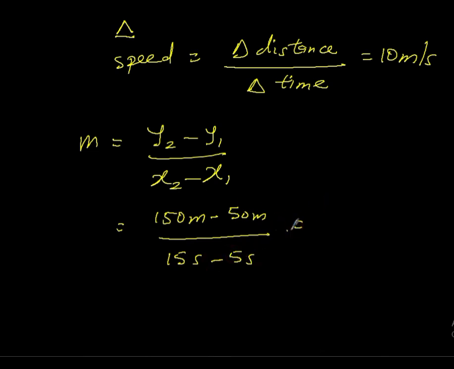And we still get the same thing as 100 meters all over 10 seconds, which is equal to what? 10 meters per second. So we can say that the speed of the car from point A to point B is equal to the slope m of the straight line from A to B, which is y2 minus y1 over x2 minus x1.